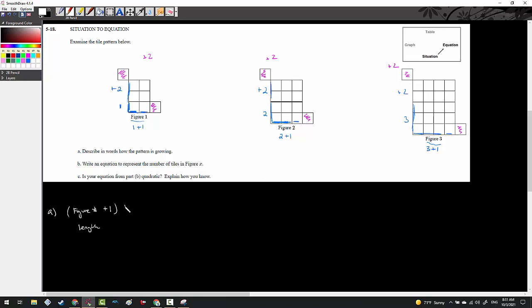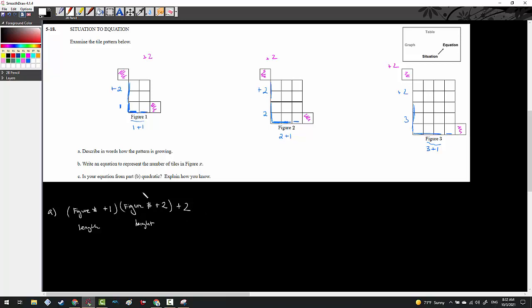And then there's the figure number again, and it looks like I'm adding 2, and that's the height. And there always seems to be this plus 2 hanging on the outside.